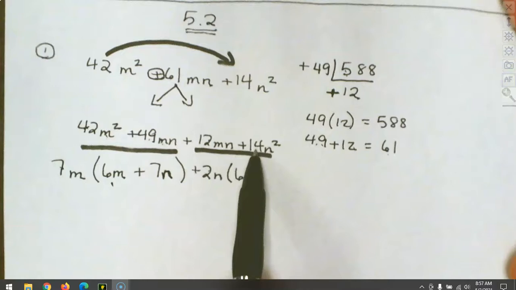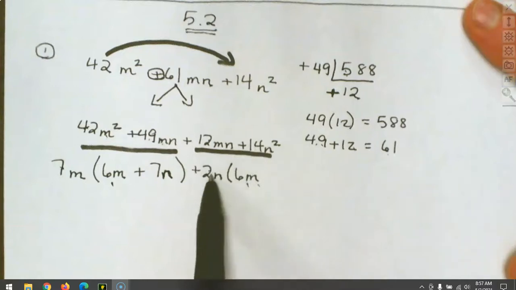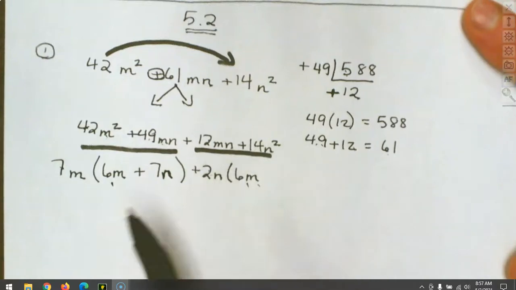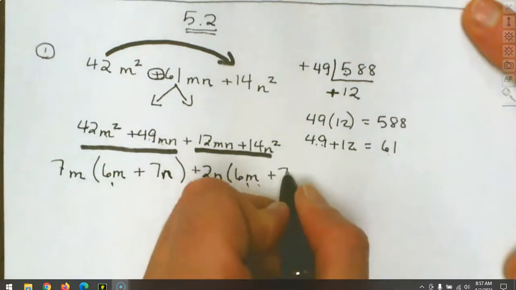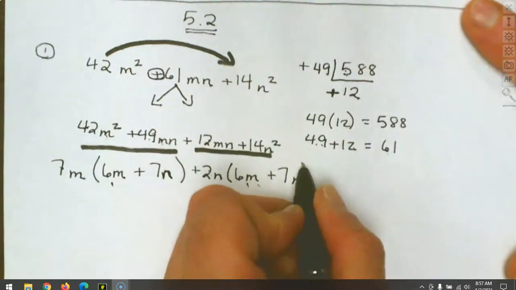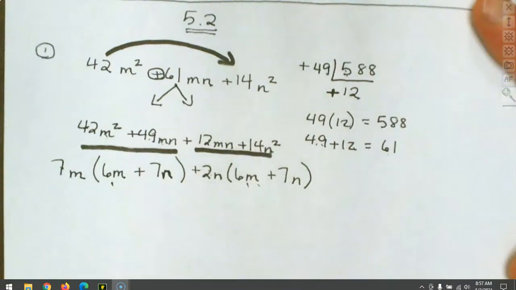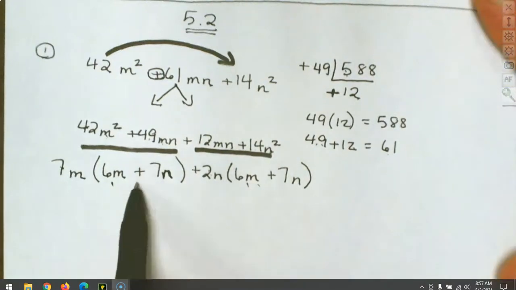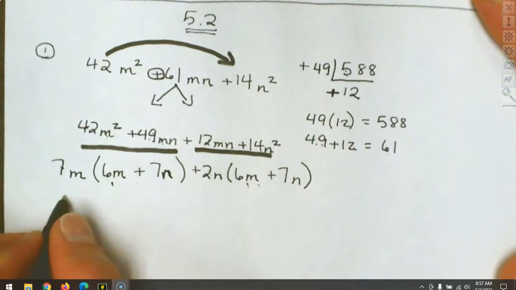What about 14? 14 divided by 2, that leaves you with a 7. We took an n out of here, so that leaves you with an m left over. We know that we did it correctly because these are the same.